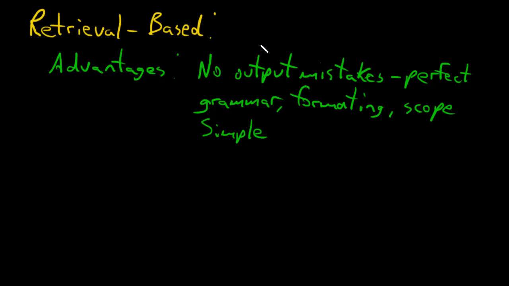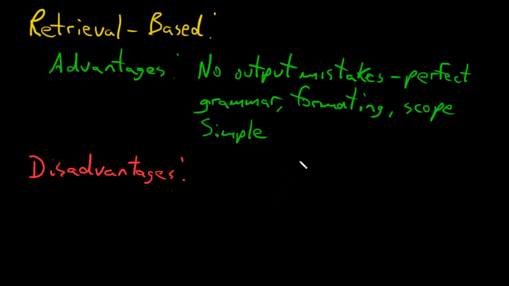You can set it up to be as elaborate and as thorough as you want to. It's completely up to you how detailed you want to make your databases. Okay, so those are the two main advantages for retrieval based. And the disadvantages, well, you can probably already guess some of them.